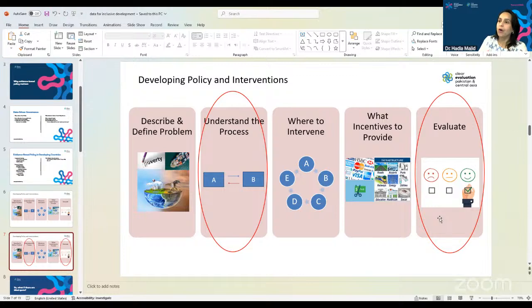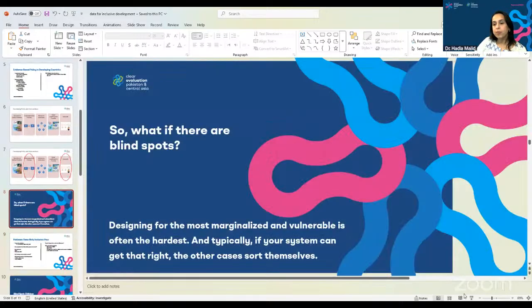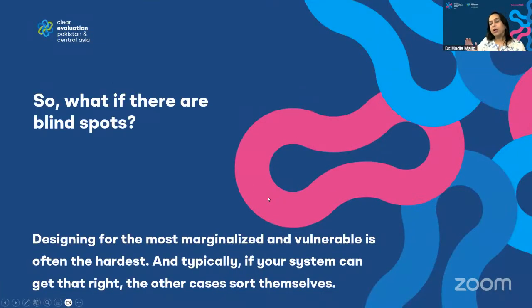It may have worked on those who were right above the poverty line, for example. They were 5 cents above the poverty line, but it may not have worked for the people who were $2 below the poverty line. So I need to think carefully about my evaluation populations as well. Now, so what if I'm missing out certain populations, right?